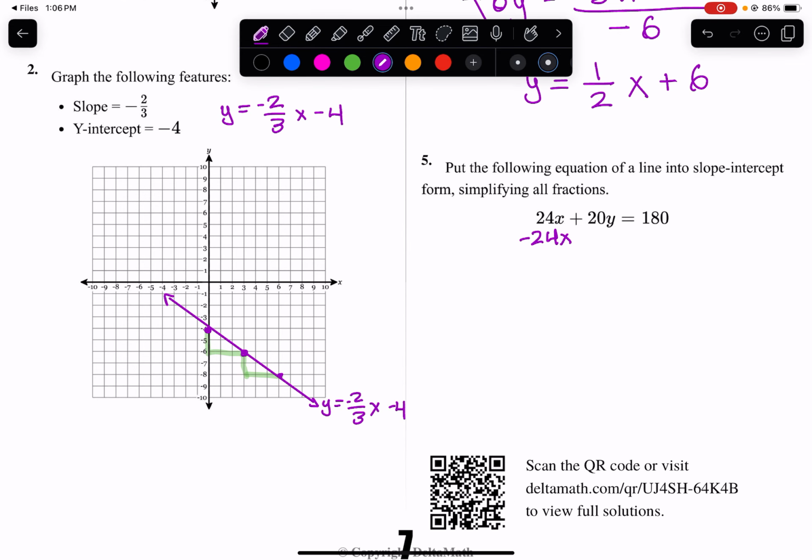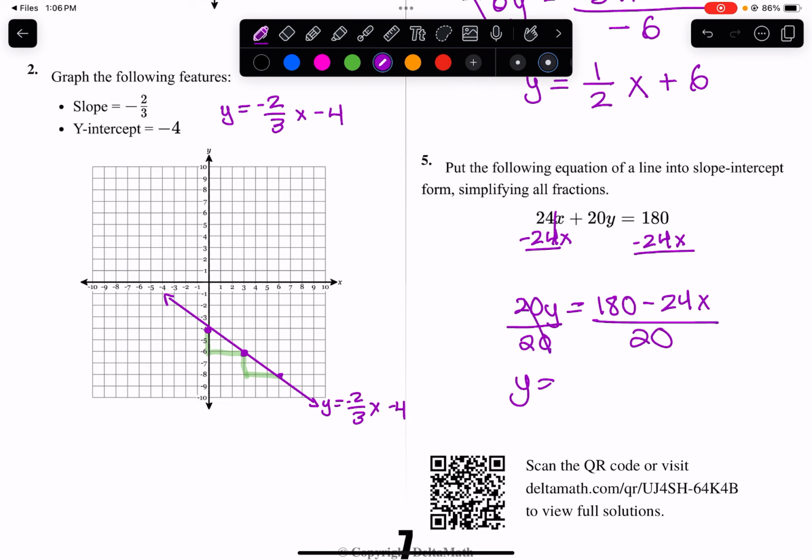Now again, we'll get rid of the x first. 20y is equal to 180 minus 24x. Divide both sides by 20. Now again, when you divide like this, you're dividing both of these terms by 20.